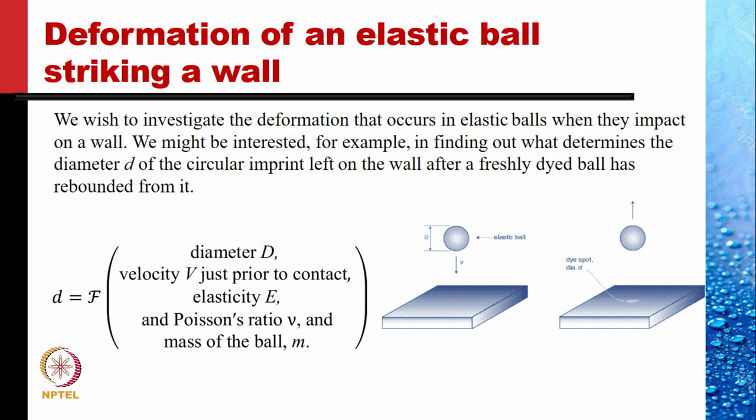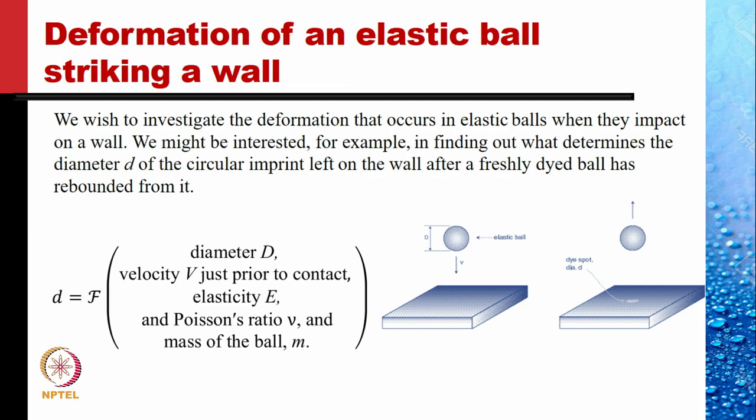Clearly, the diameter of the dye spot lowercase d would be a function of the diameter D of the ball, the velocity v just prior to the contact with the wall, the elasticity E of the ball material, the Poisson's ratio nu, and the mass of the ball m.